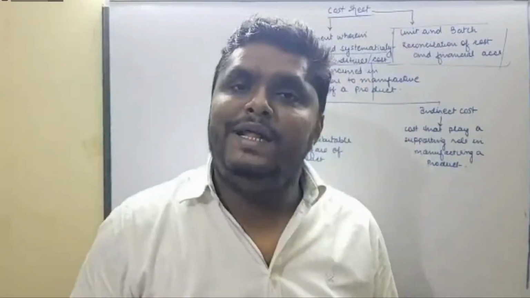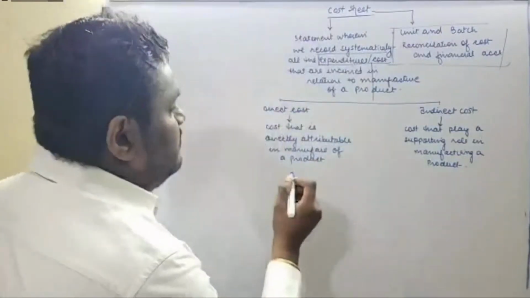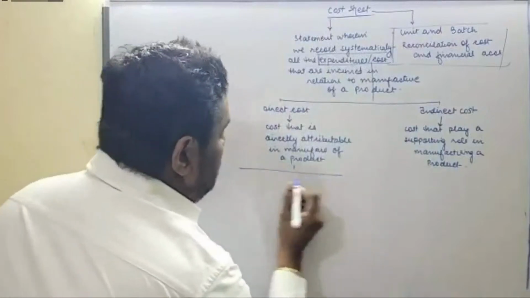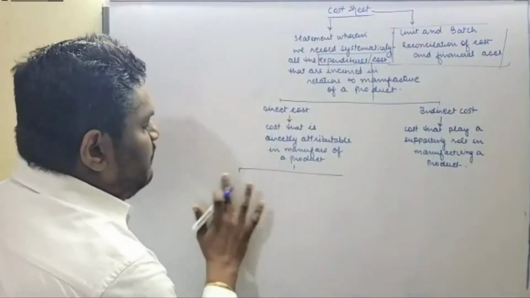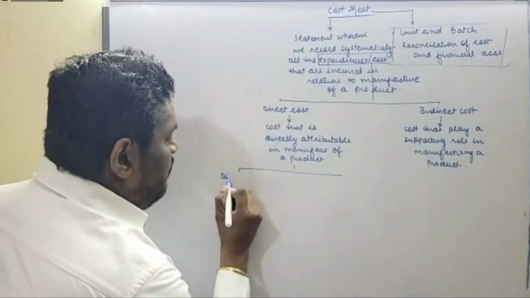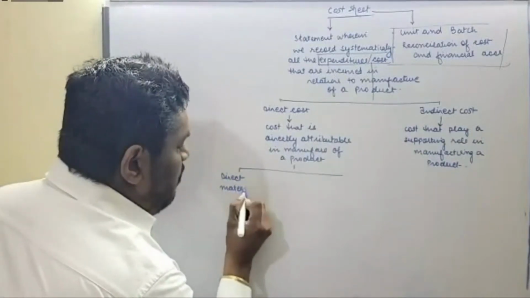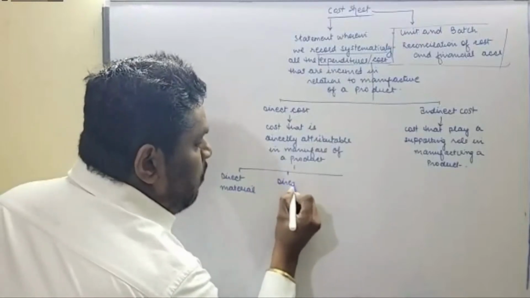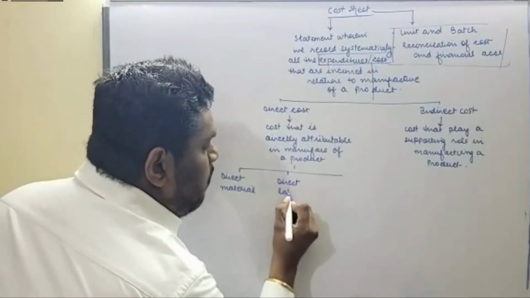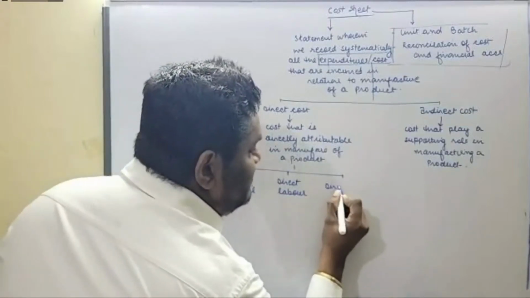Direct cost can be classified in three parts, that is direct material, direct labor, and all the other direct expenses.